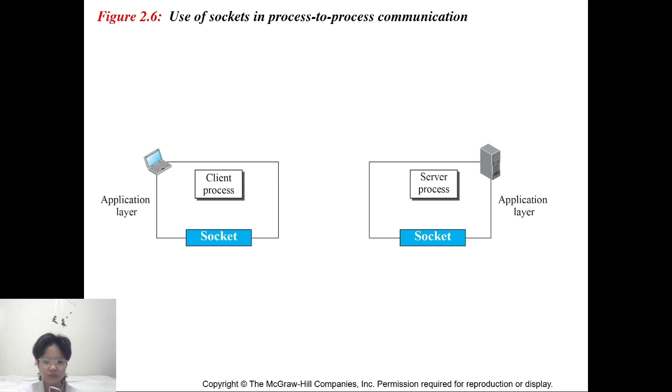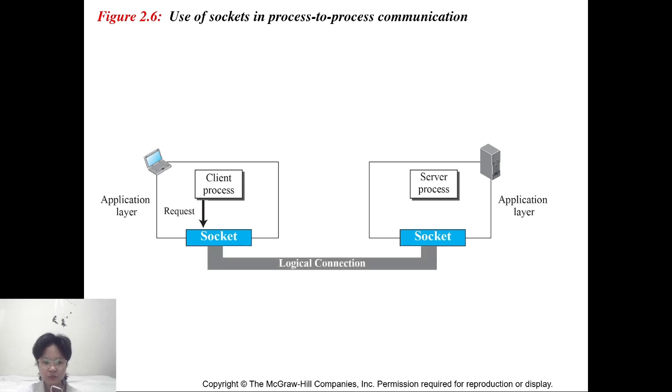Figure 2.6 shows the use of sockets in process to process communication. We have two sides of sockets, the left side is the client process and the right side is the server process.